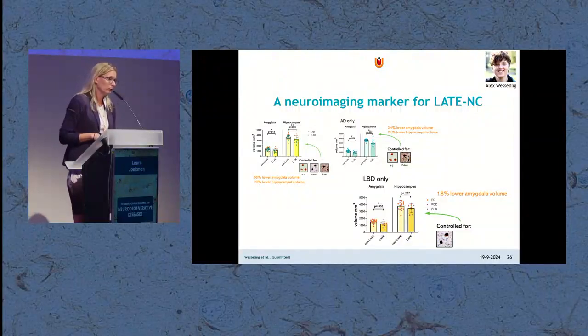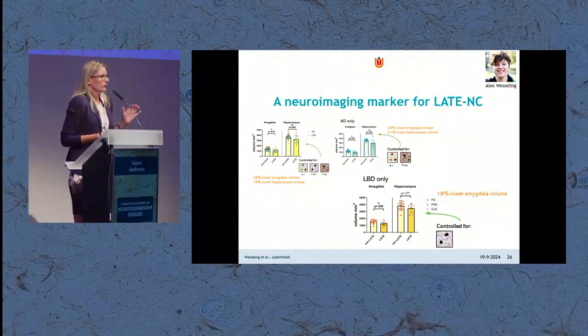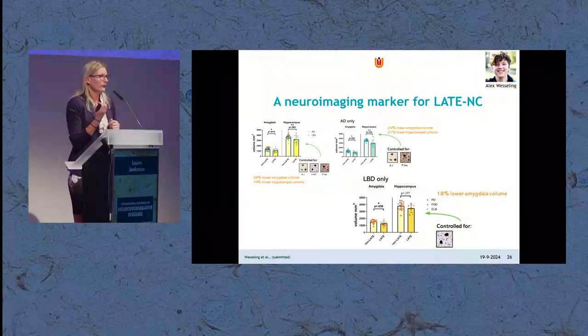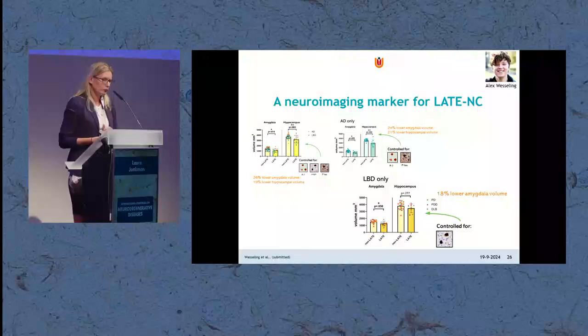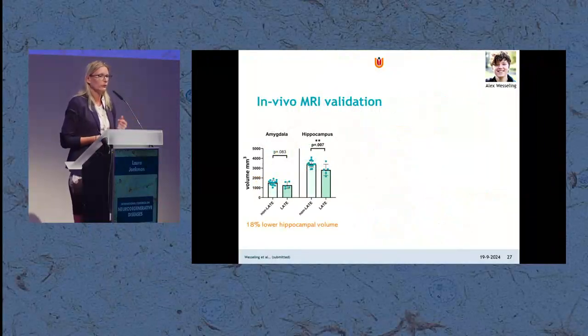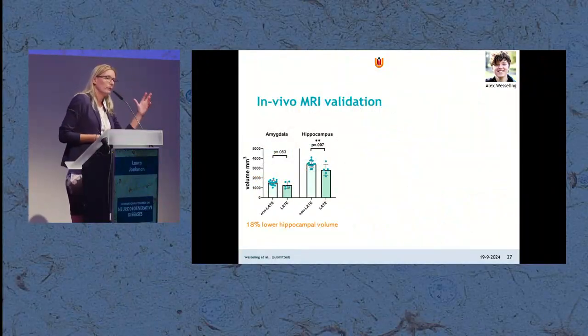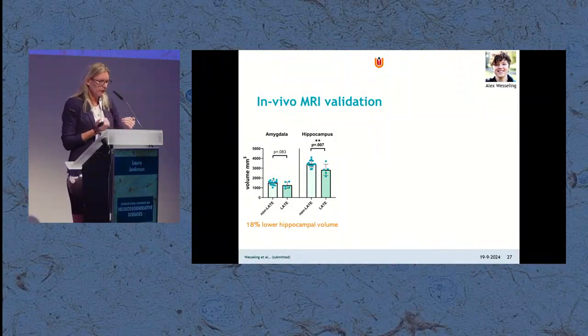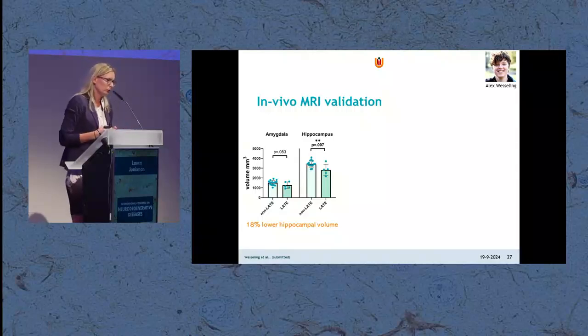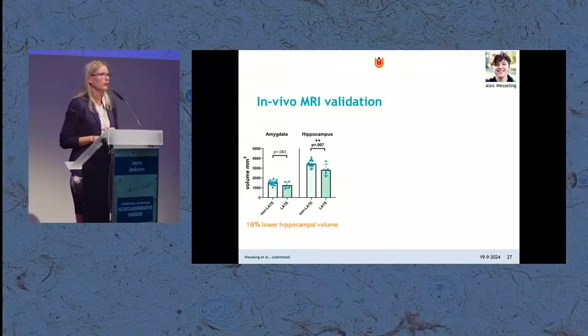Again, controlling for the neuropathology of alpha-synuclein. So this is all very interesting data in which we see lower volumes of these specific regions. Of course, within a subset, especially of the Alzheimer's disease, which had the in vivo MRI available, we checked again. And here we didn't find as much in the amygdala, although there was a trend, maybe due to our small sample size of LATE donors. And again, the hippocampal volume did differ.